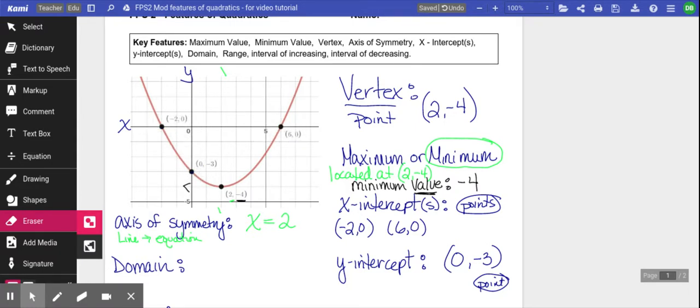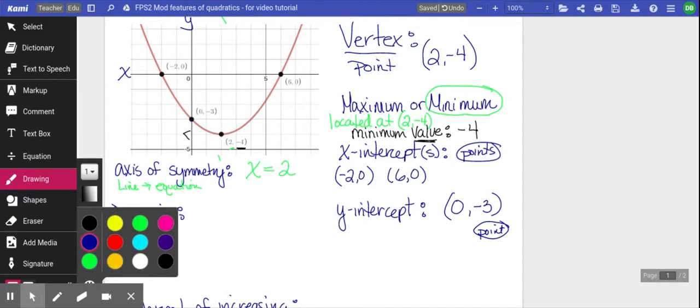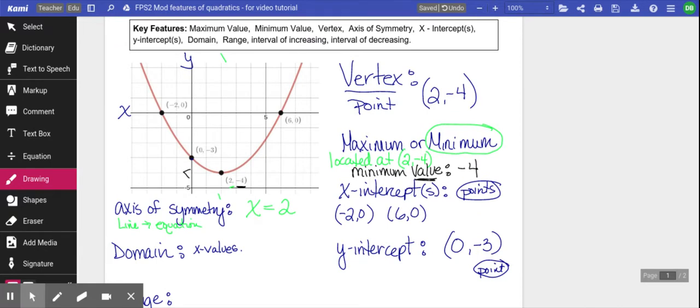The next thing that we're going to talk about is the domain and range of our quadratic. So when we talk about domain, we are talking about all the possible x values. Now in our quadratic, I'd like you, even though you don't see it, to consider this to have arrows on it.